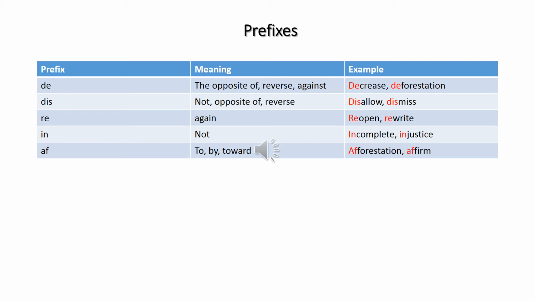The third prefix is re and it means again. Examples: reopen and rewrite. If I say to you, reopen the door, it means open the door again. And if I say to you, rewrite the answer, it means write the answer again, because re means again.